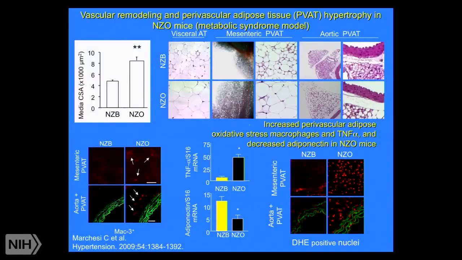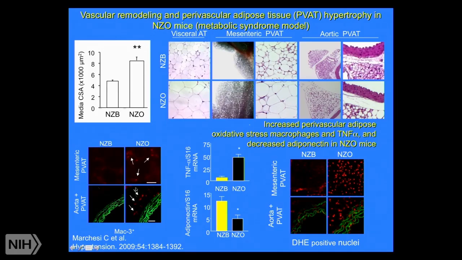In the mouse, we've looked at a metabolic syndrome model, the New Zealand obese mouse, and we've been able to demonstrate as well in these mice, which have barely elevated blood pressure but insulin resistance and obesity, that media cross-sectional area of small arteries is indeed enhanced.